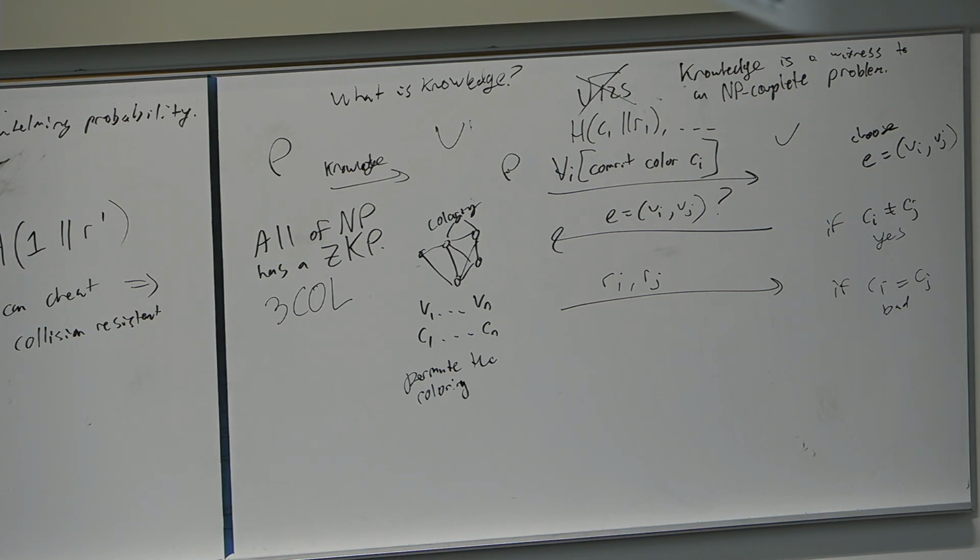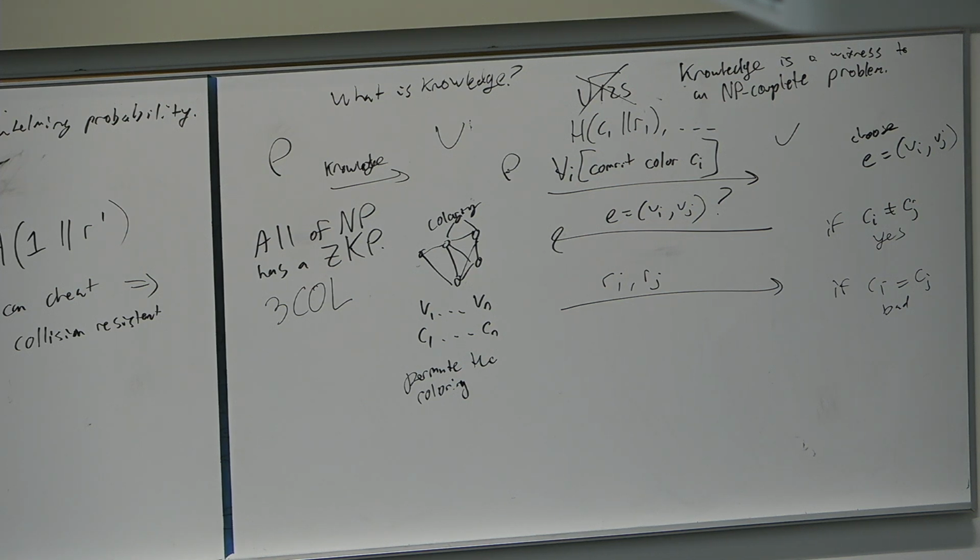Because if the verifier repeatedly says, open this edge, open this edge, open this edge, the verifier just learns the coloring. But we want it to be zero knowledge. We don't want to reveal the actual coloring. We want the verifier to learn that the edges are colored differently, but we don't want them to learn what the actual colors are.